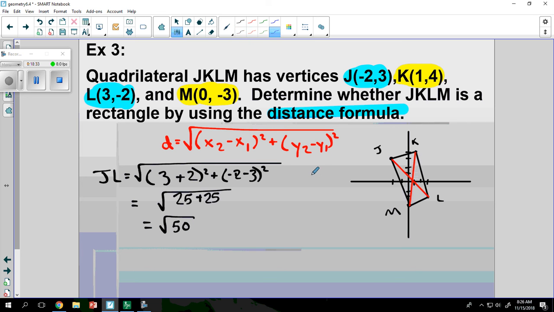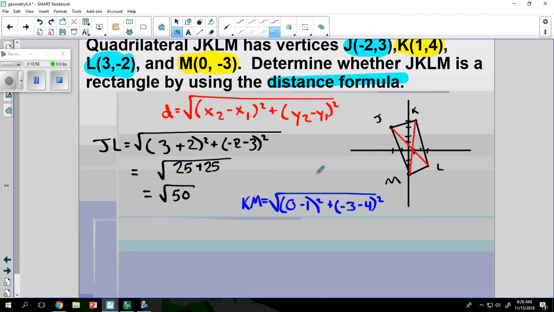And then getting the other one, we're going to work with K and M. So exact same process, just those other points. We would do 0 minus 1 squared plus negative 3 minus 4 squared. Zero minus 1 squared is 1.